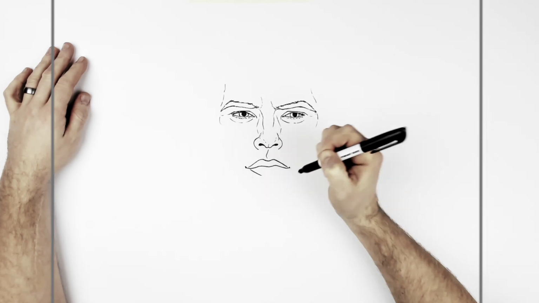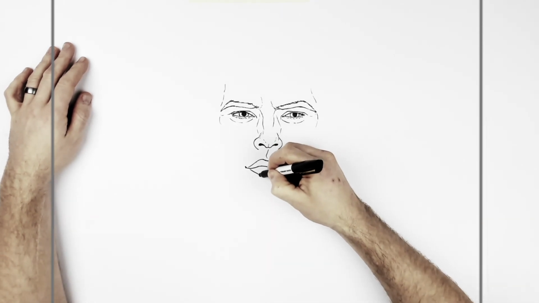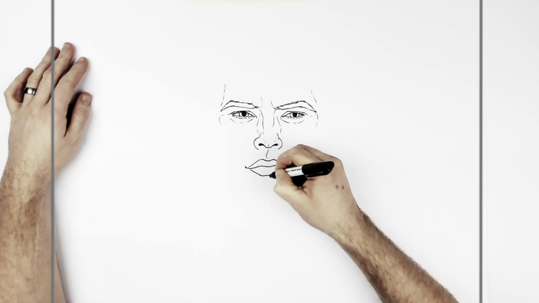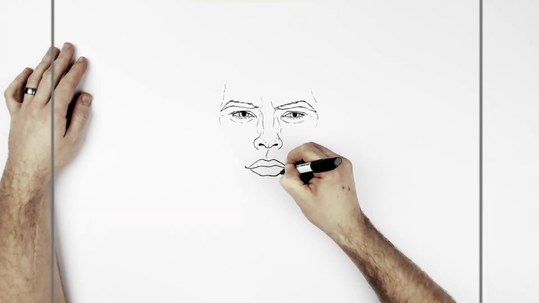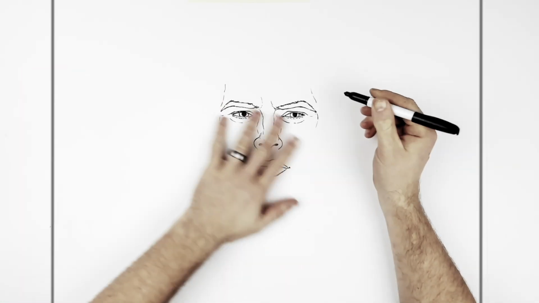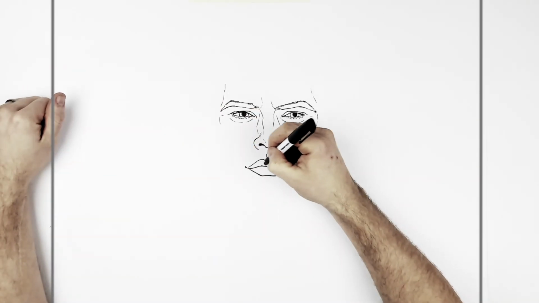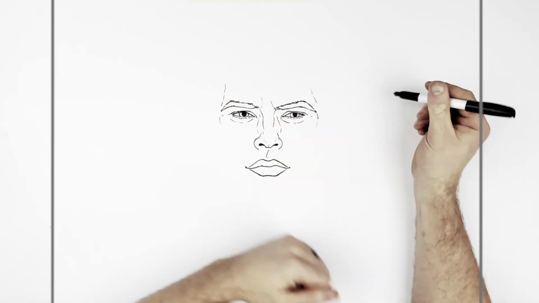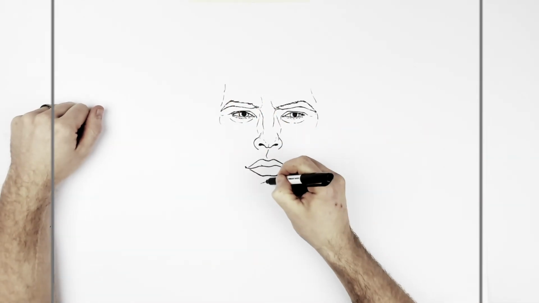Comes down, bumps up and down, and then goes back up to the corner of his mouth, up there. So very big lips now. And then he has a little line for his chin here.